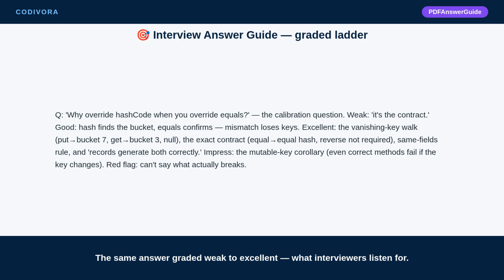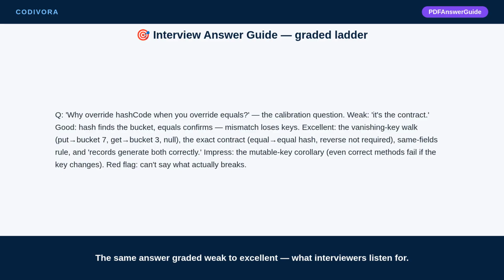Excellent: the vanishing key walk, put then bucket 7, get then bucket 3, null. The exact contract: equal objects have equal hashes, reverse not required. Same fields rule, and records generate both correctly. Impress: the mutable key corollary. Even correct methods fail if the key changes. Red flag: can't say what actually breaks.